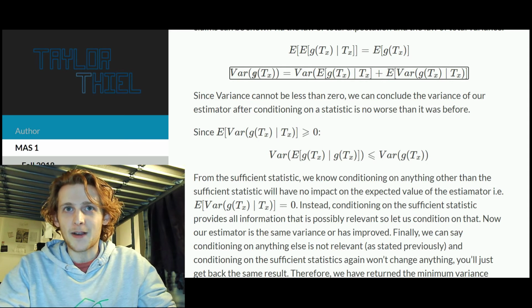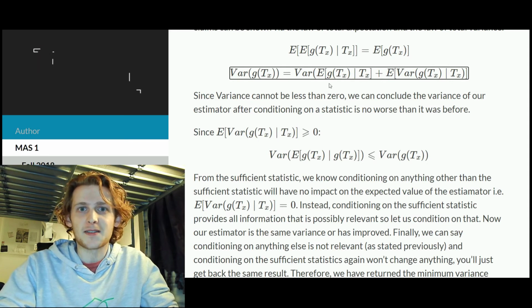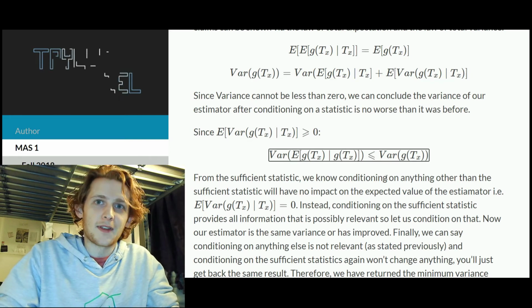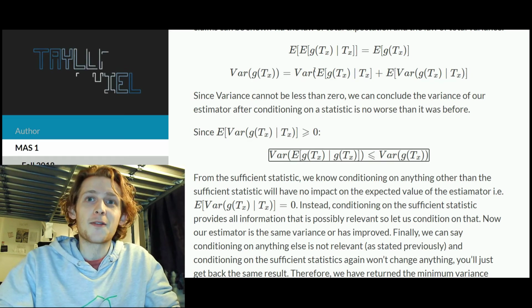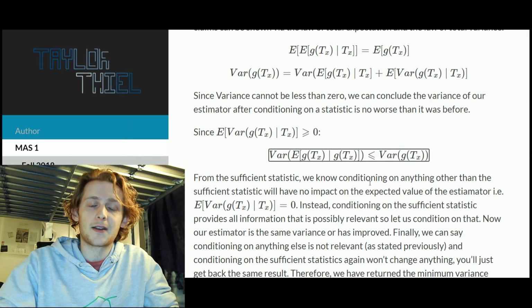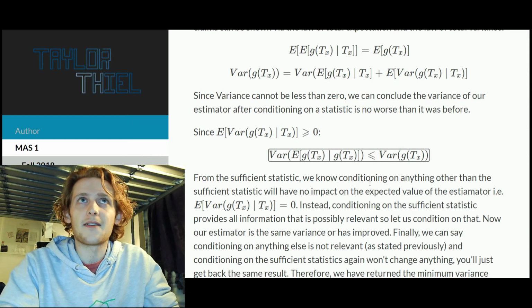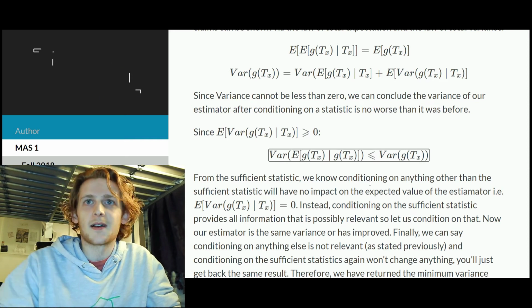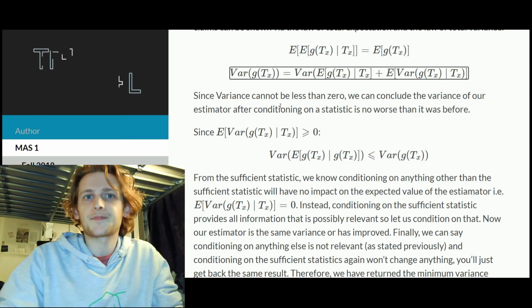So we have old variance equals new variance plus some non-negative number. And so given that, I know for a fact that my new estimator is going to have the same variance or a smaller variance. So that's what we're getting here.